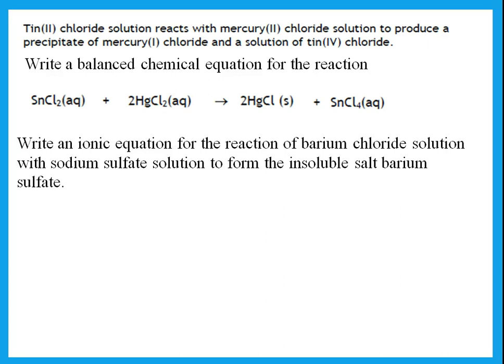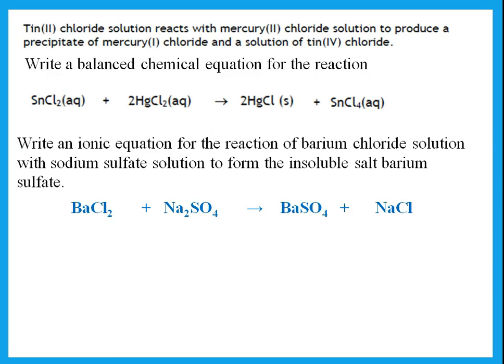Okay. Write an ionic equation for the reaction of barium chloride with sodium sulfate to form the insoluble salt barium sulfate. Now, barium chloride, barium is in group 2, so valency is 2. Remember again, you write the symbols of each one and you put the valency of one under the other. Sodium sulfate, sulfate is SO4 and its valency is 2, so I have to put 2 under the sodium.